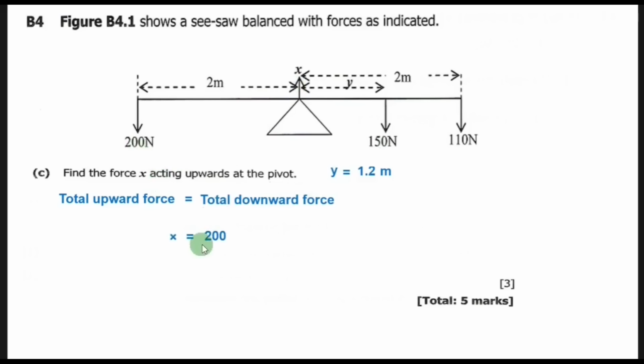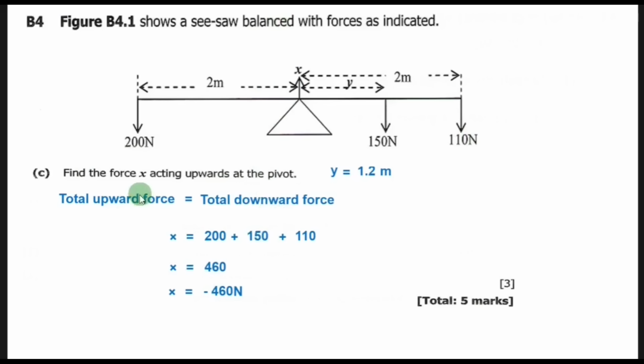So we'll have 200 plus 150 plus 110. When we add these, we are going to get 460. So this force now is going to be negative 460 Newton, meaning that it is actually pointing in the opposite direction. These are positive, so this is negative, pointing upwards.